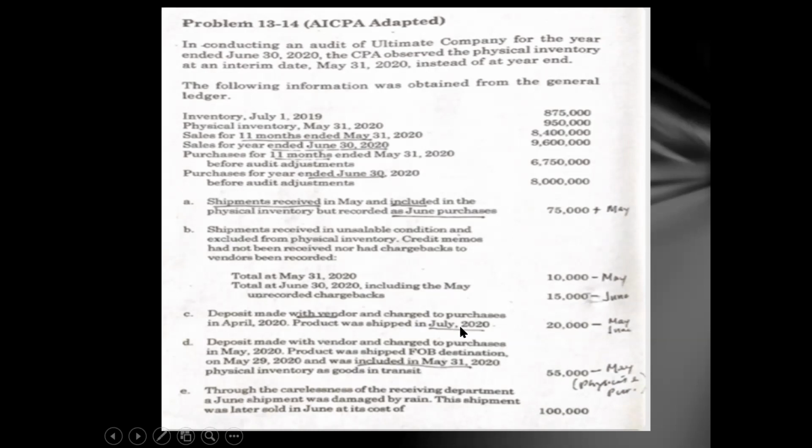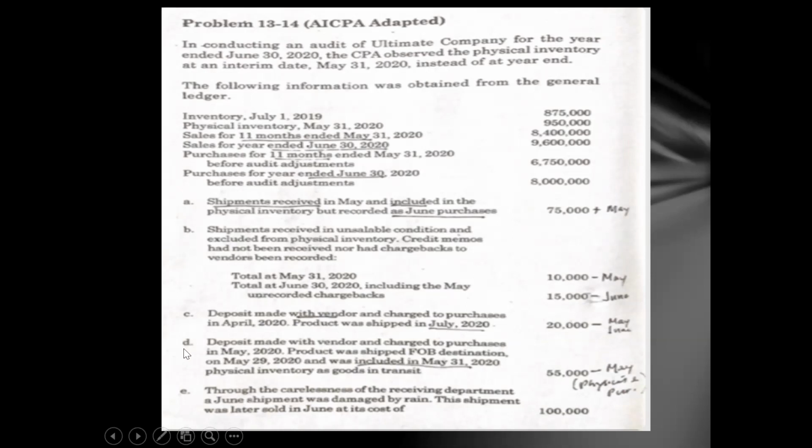So as of April, as of May, there's no receipt of goods, so it's not proper to record purchases. That's why your May and June, because the May is included already in June, are overstated. So you should deduct both May and June purchases, because it is supposed to be recorded for July, since the shipment was only made in July.